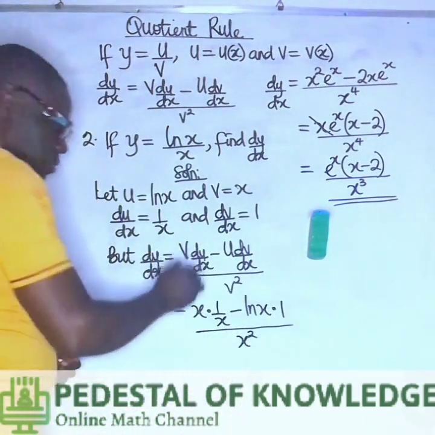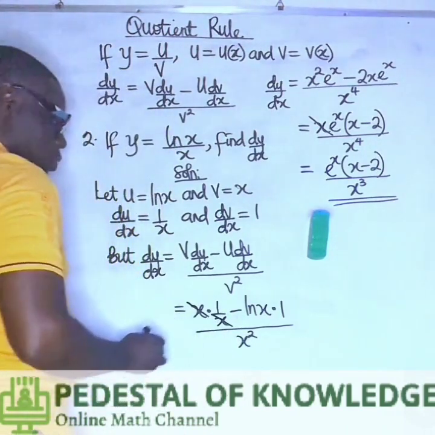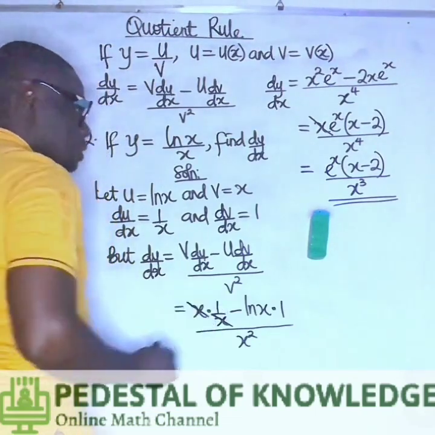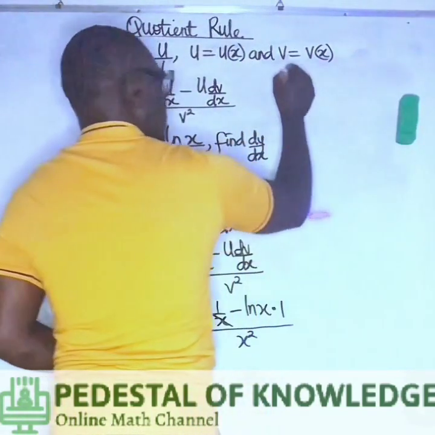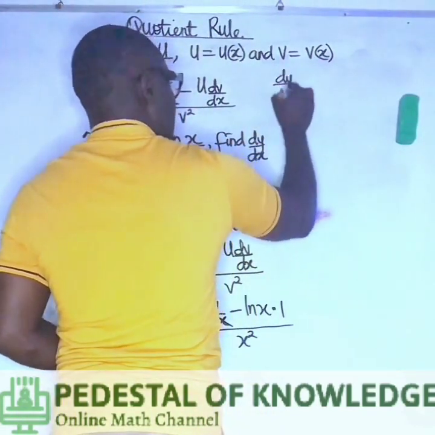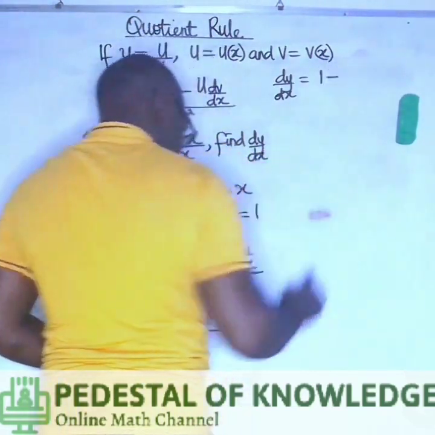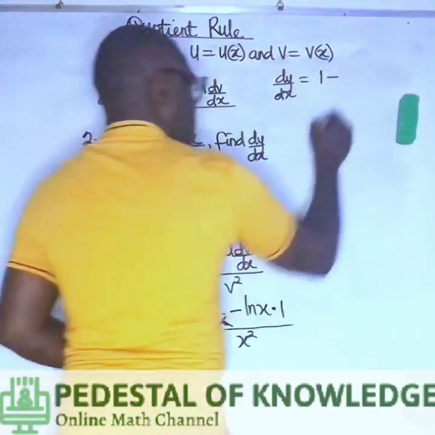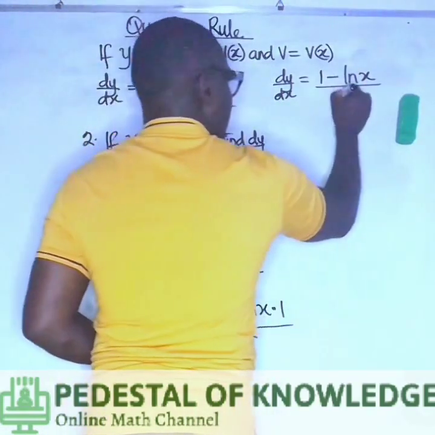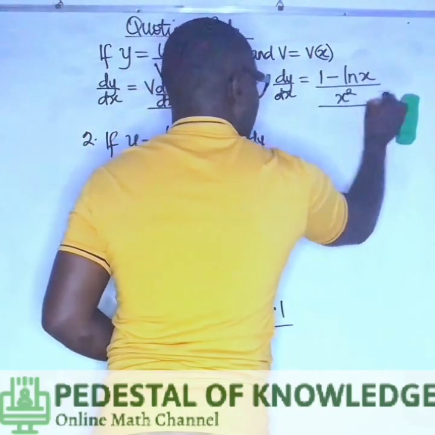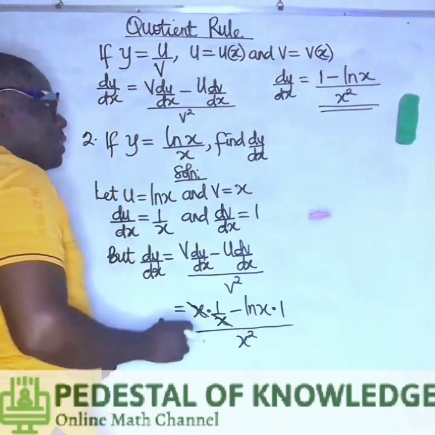Okay, so in this expression, it is very clear that we cancel this x. So what is left here now is a 1. So dy/dx is equal to 1 minus ln x times 1 will give us ln x, divided by x squared. And that is the differential coefficient of ln x over x.